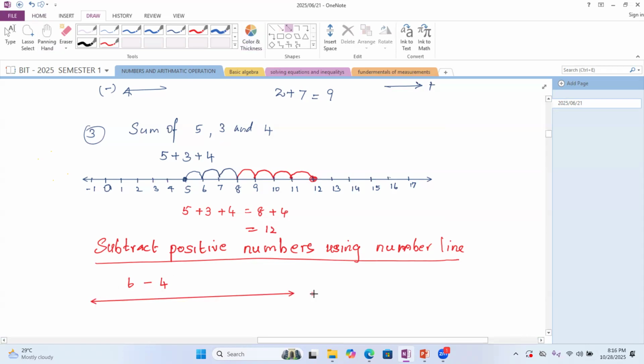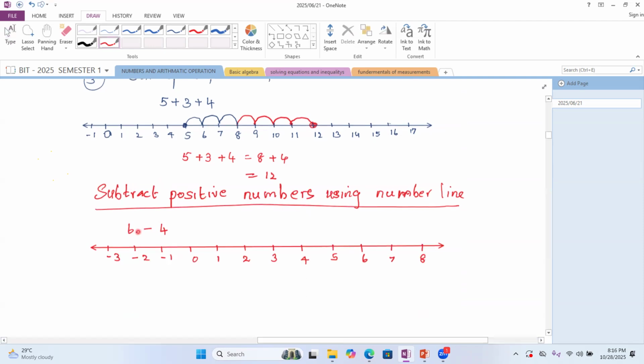How to write? -3, -2, -1, 0, 1, 2, 3, 4, 5, 6, 7, 8. Right.